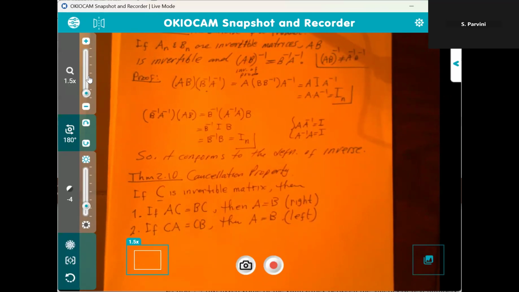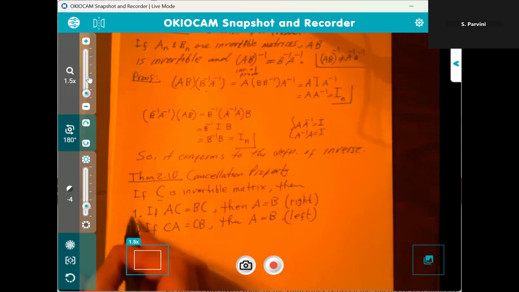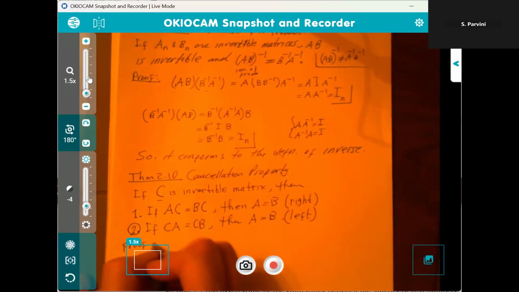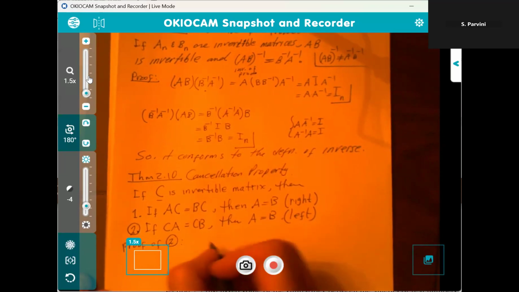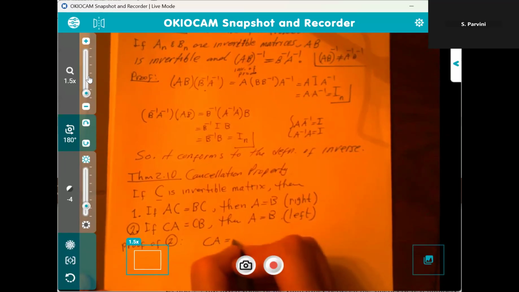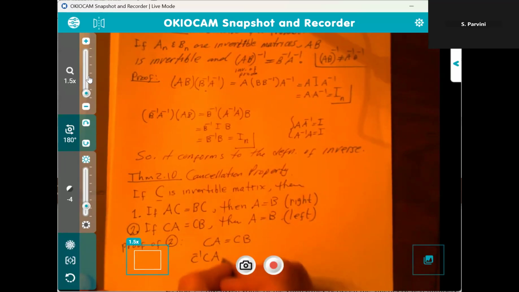Now let's prove this one. For example, let's prove number 2. You can see if you can prove number 1 on your own. Proof of 2. Suppose I have CA equals CB. Now, I'm going to pre-multiply both sides by the inverse. So I'm going to get C inverse CA and pre-multiply on the right side C inverse CB.